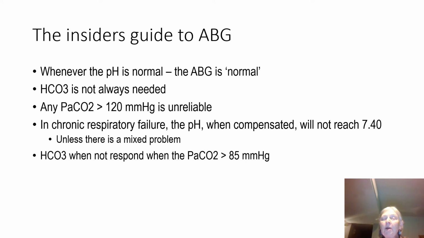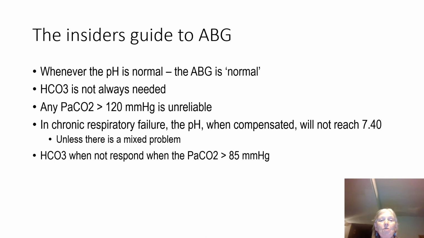If you remember, it takes 24, 48, maybe 72 hours for a bicarb to be able to respond to elevated CO2s. The kidneys have to retain bicarb. There's only so much bicarb the kidneys can retain. And so until they either get rid of the excess or have that ability to start retaining it, that bicarb does not belong to the ABG that you're working with.